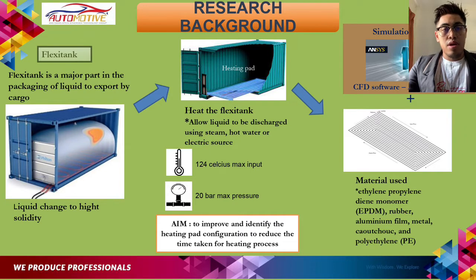In the commercial market, the majority of companies use electric, steam and hot water as their heat source for heating pads. Maximum heat input is 1 to 4 degrees Celsius and maximum pressure is 20 bar. But usually the majority of companies use 1 to 3 bar only.